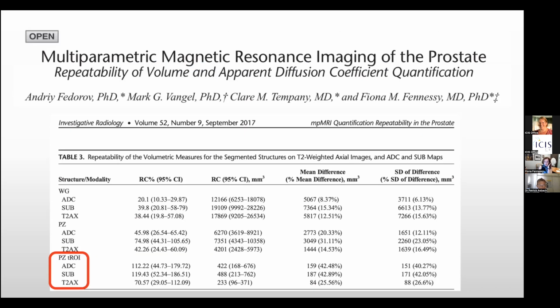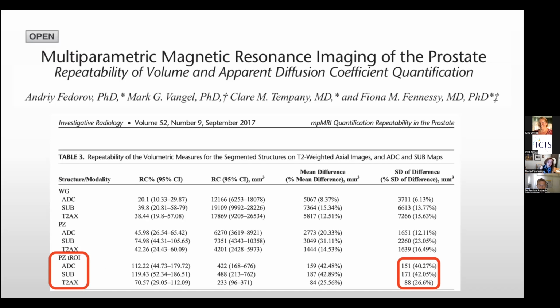So we did a study looking at the repeatability. These were within a 2-week period, no interim treatment. This is the PZ tumor region of interest, ADC subtraction and ADC, and T2. And this is the difference. It was up to 42% difference in volume in a 2-week period. So this is important to keep in mind as well, that it's not so accurate.